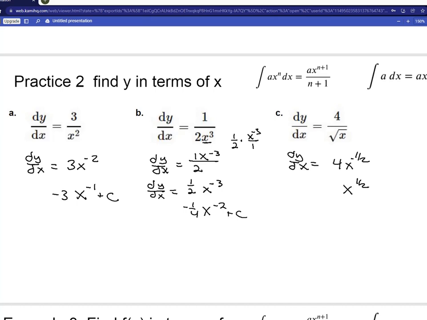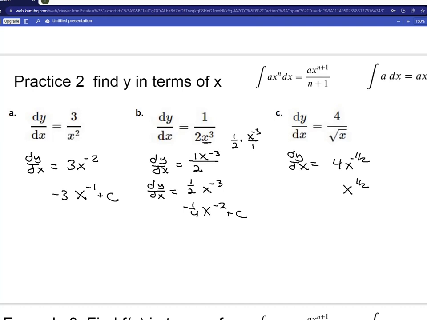Well, 2 times 4. So again, either because now I've got this 1/2, I'm either going to divide by 1/2 or I'm going to multiply by 2.